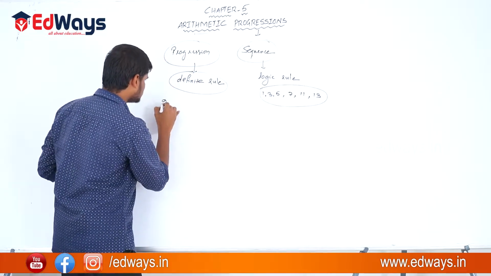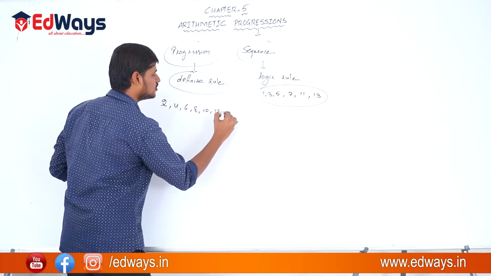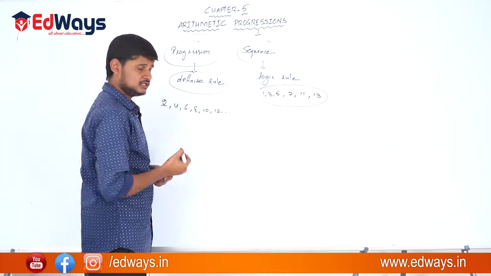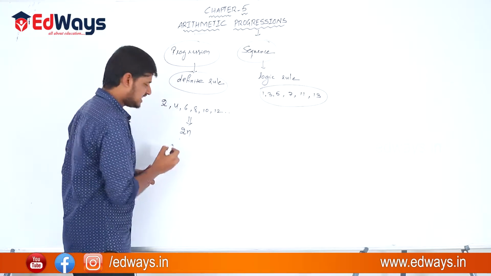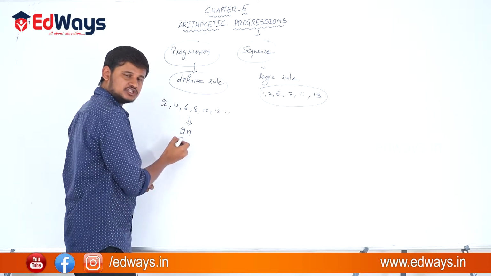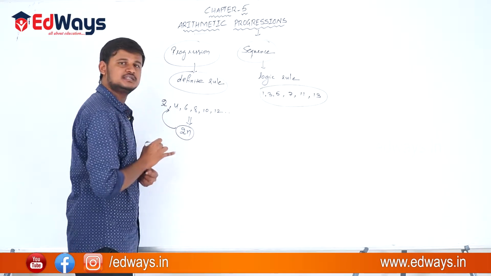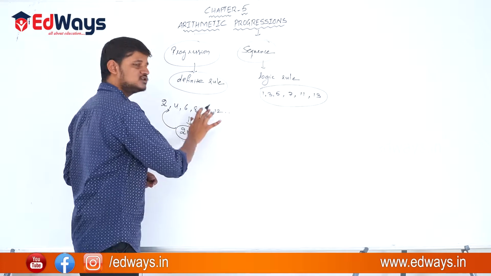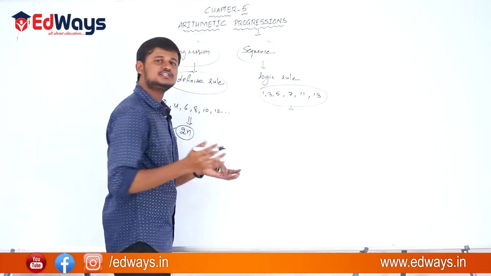Now take the set of even numbers 2, 4, 6, 8, 10, 12. I can write the general formula for this as 2n, where n equals 1, n equals 2, n equals 3. If I substitute like that, I'll get these terms 2, 4, 6, 8, 10, 12. But for the set of prime numbers, there is no general formula.